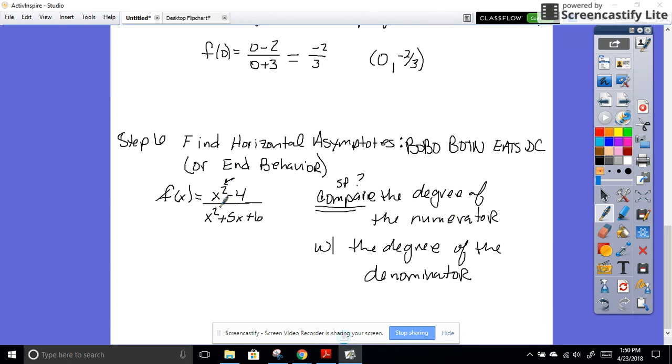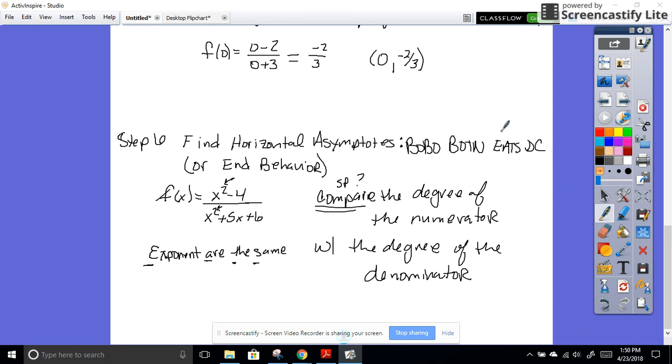This is the degree of the numerator. This is the degree of the denominator. What did we find out about them? The degrees, also called exponents, are the same.